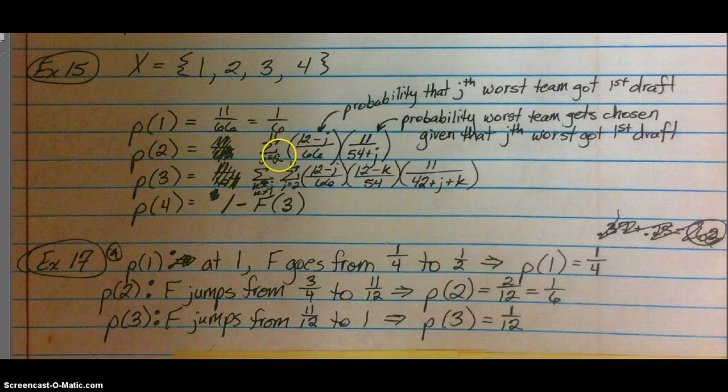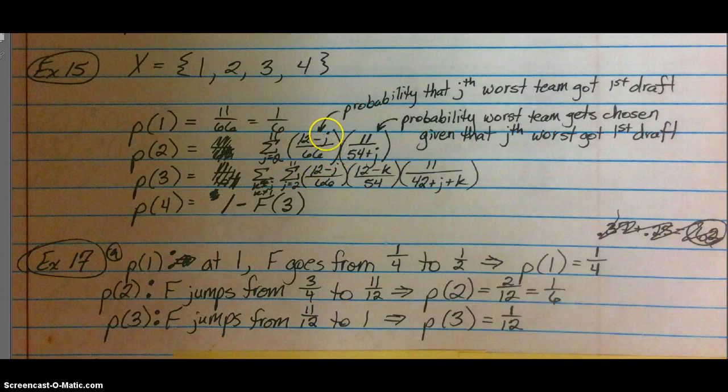So we start here. If J equals 2, that would be 10 over 66. If J equals, say, 11, in other words, the 11th worst team, we would only have 1 over 66. Notice that each of these is going to be the probability that that team was chosen in the first round.